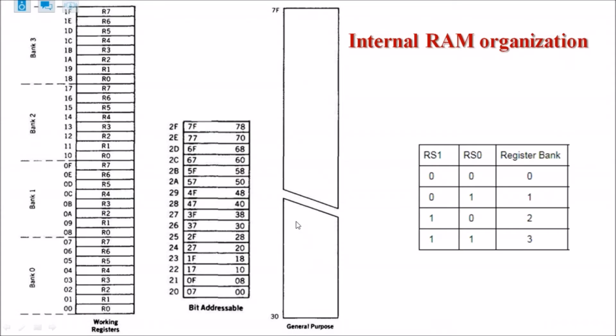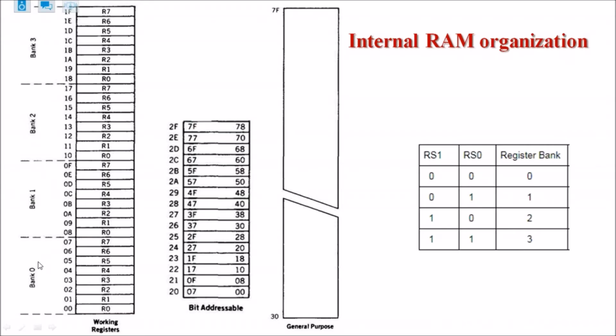This is the general purpose memory area. It is only byte addressable. You can store data and read data from this general purpose memory area. Only the second part is bit addressable. So remember that the internal RAM is divided into three parts. The first part is the register bank. There are 4 register banks.